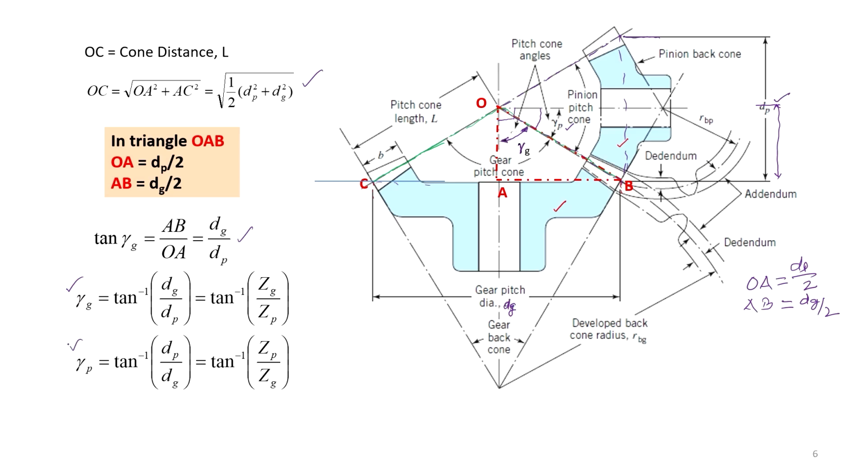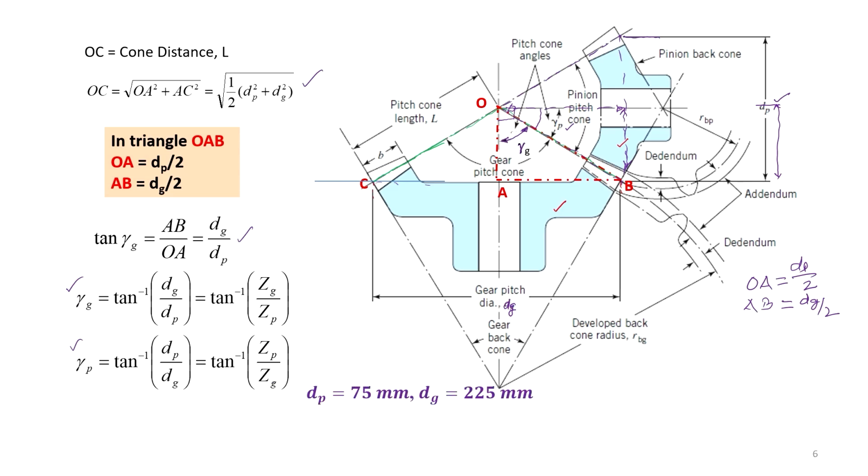Similarly, we can find the pitch angle for the pinion using this right angle triangle, where tan gamma p will be equal to DP divided by 2 over DG divided by 2. And so, gamma p, the pitch angle of the pinion, is tan inverse Zp divided by Zg.